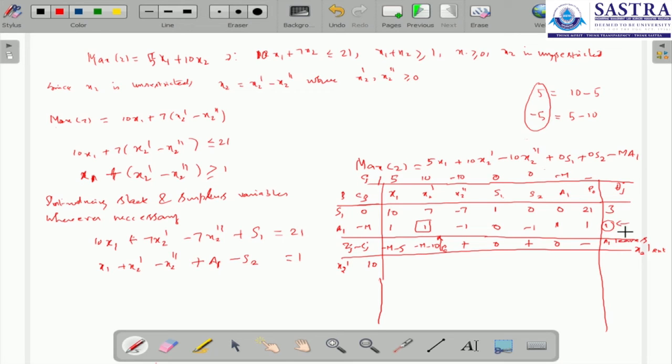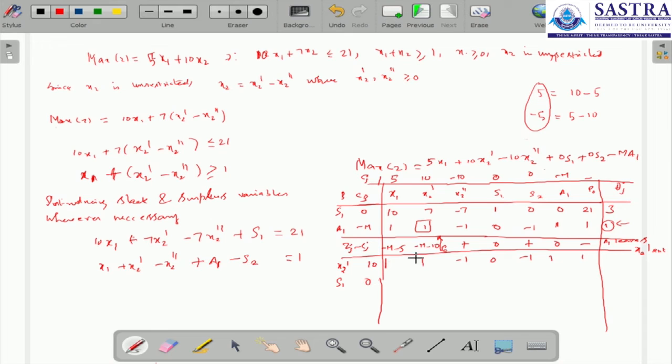So the A1 row in the first table becomes the old pivot row. The old pivot row divided by the pivot element gives the same entries: 1, 1, minus 1, 0, minus 1, 1, 1. But in place of A1 I will have S1. The S1 cost is taken to be 0 because S1 Cj is 0.